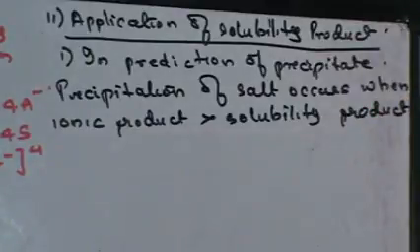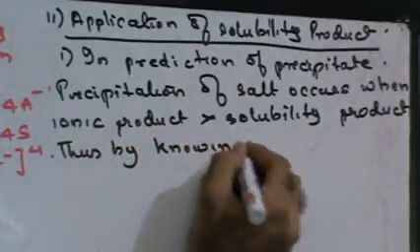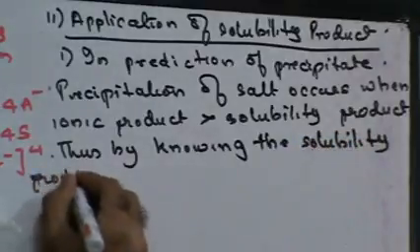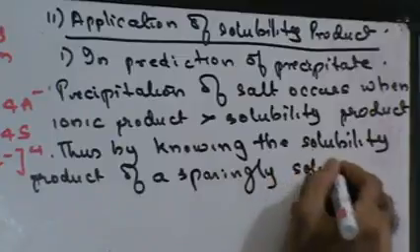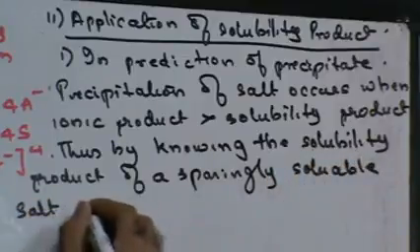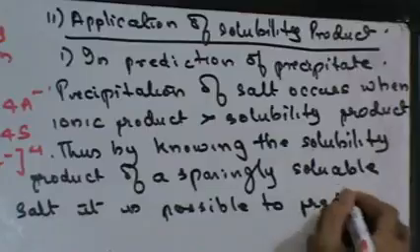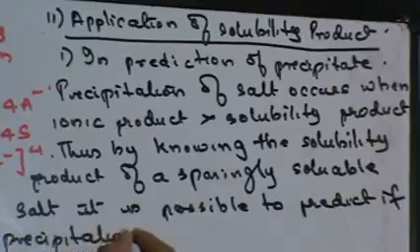Thus, by knowing the solubility product of a sparingly soluble salt, it is possible to predict if precipitation will occur or not.